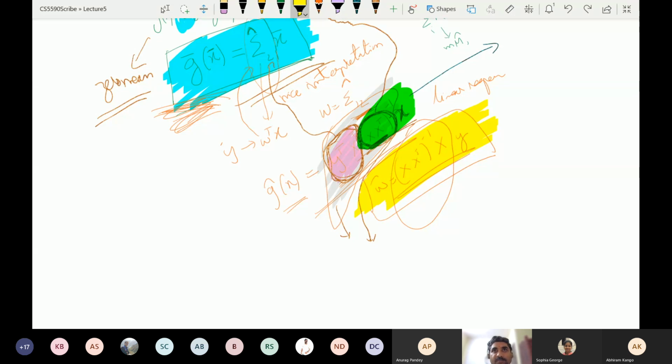Is that clear? Yes, sir. So gradient descent, which you learn in optimization or in other ML courses, is used in parameter estimation, basically to solve the maximum likelihood estimation problem or the ERM problem. These are the places where you will use gradient descent.